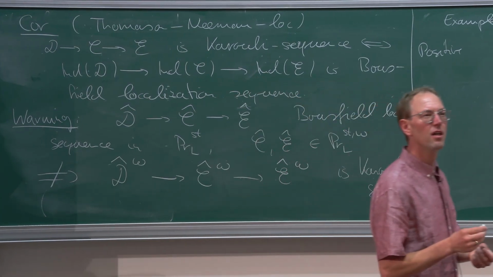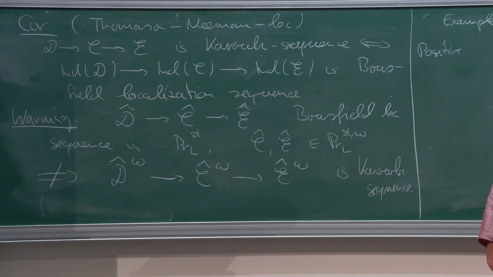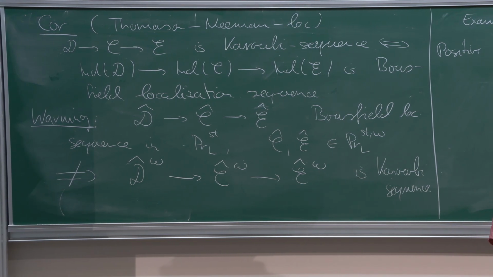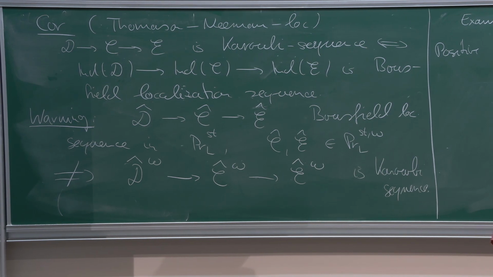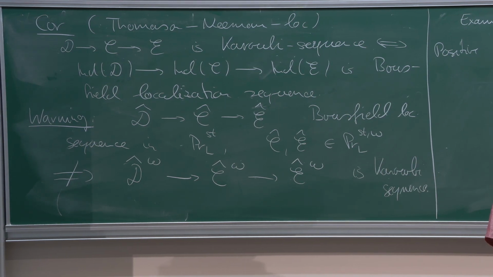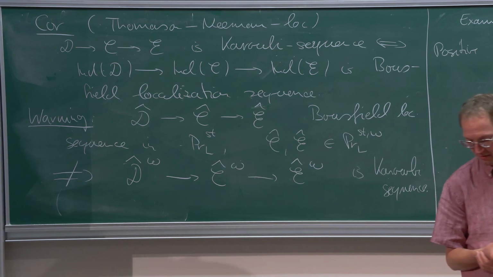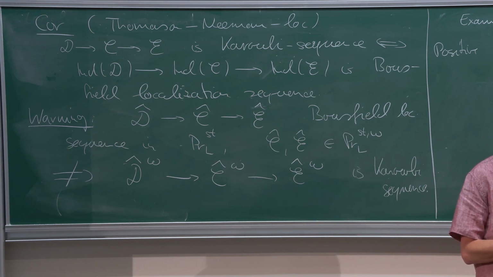But if you have a presentable stable infinity category and the Verdier localization of it by a subcategory which is also presentable, then is this a Bousfield localization or not? I think yes. Okay. But yeah.